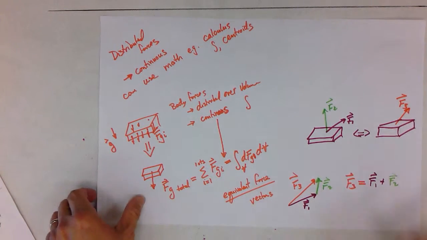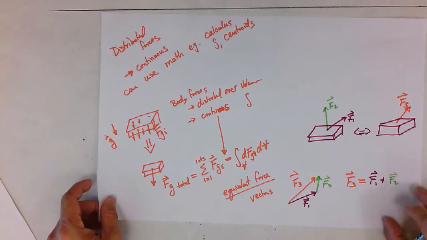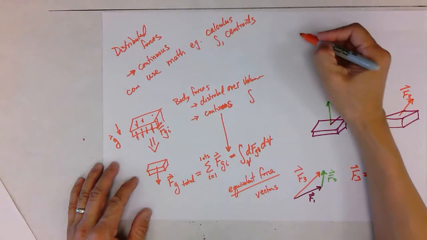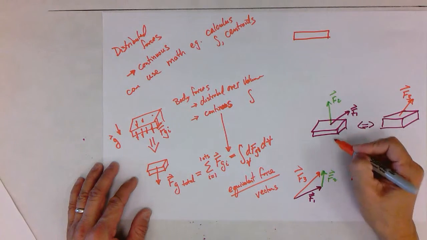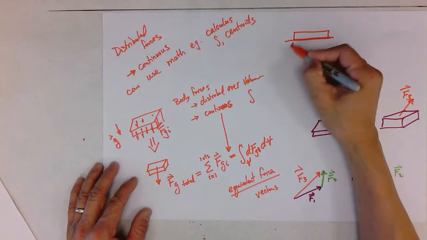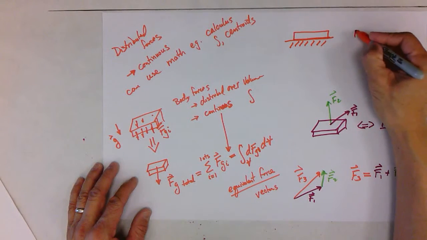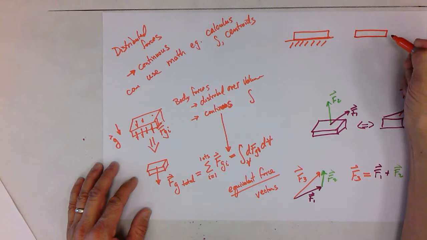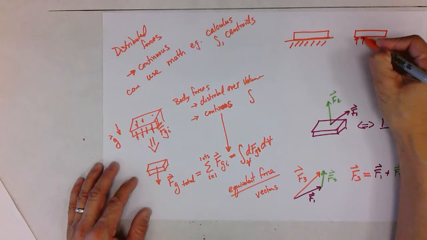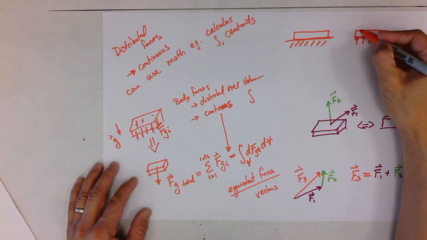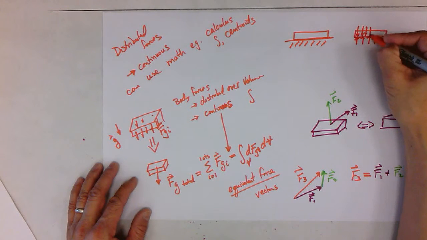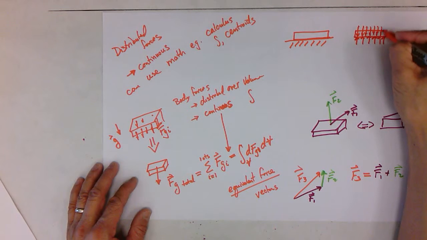So we do have to take a little care in this case, if, for example, our question has something to do with a small localized area. So let's take the example where we've got this box, it's sitting on a table, right? And so we select as our free body diagram the box itself, and we look at the interaction with the table. Likewise, the weight is going to be distributed along the bottom surface of the box.